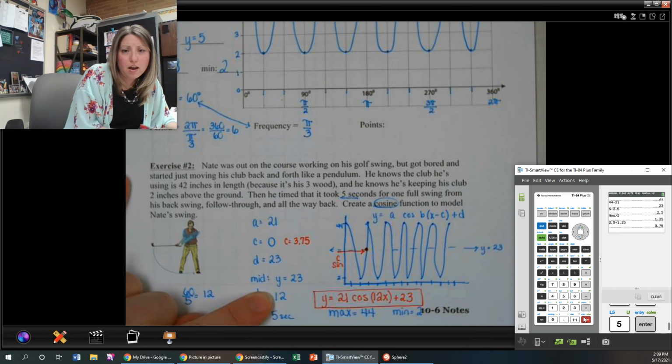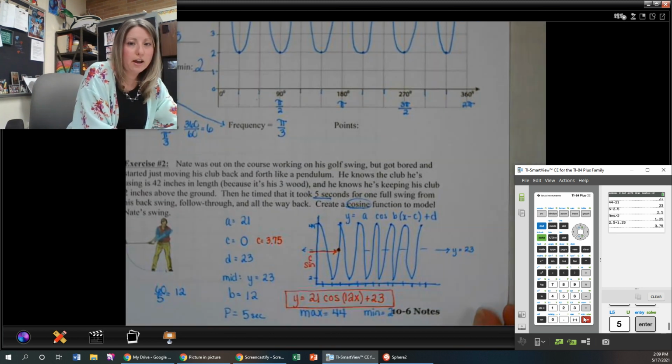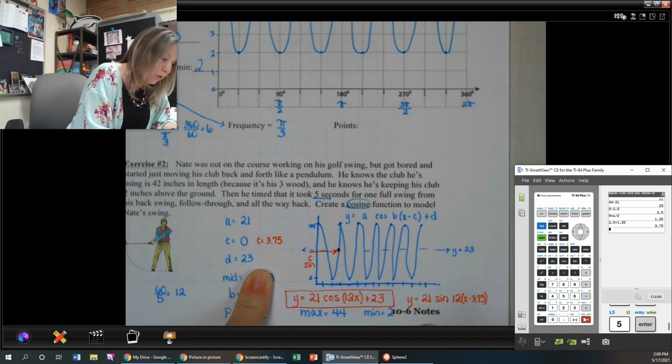And then that particular equation, if I'm looking at it as a sine function, is mostly the same thing. So 21 would stay the same. Sine would now be here. It would be 12 times x minus 3.75, because we came in at 3.75, and still plus 23 at the end.